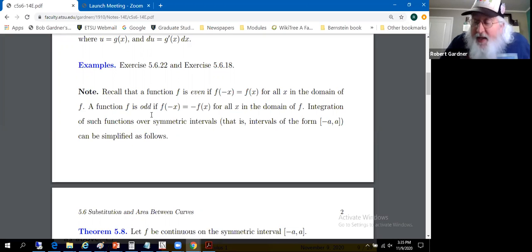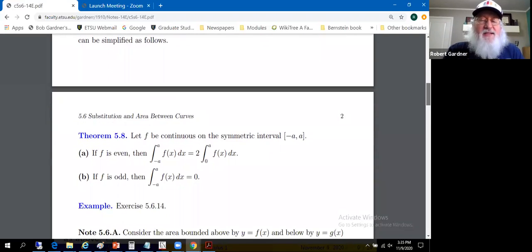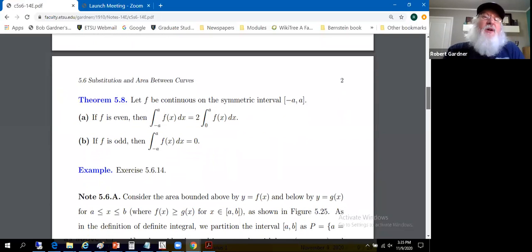It turns out if we integrate even or odd functions over symmetric intervals, where a symmetric interval is one of the form negative a to a, so left and right endpoints differ by a multiple of -1, this makes sense if you think of it in terms of the symmetries, but we'll go through the calculus and establish it. If f is continuous on the symmetric interval from negative a to a, and f is even, the integral from negative a to a of f of x dx is twice the integral from 0 to a of f of x dx.